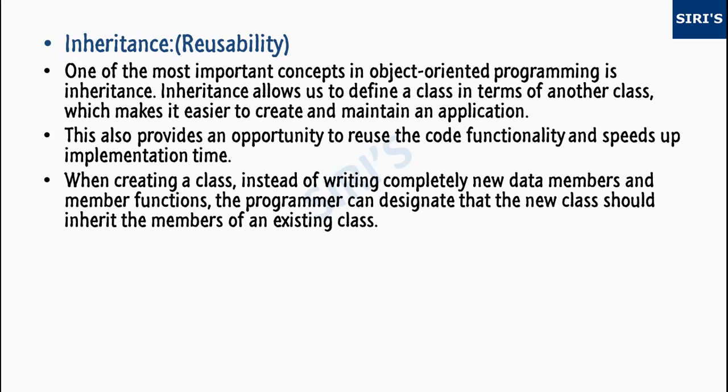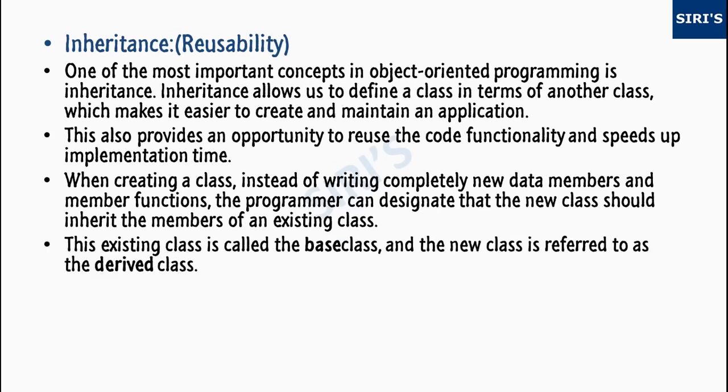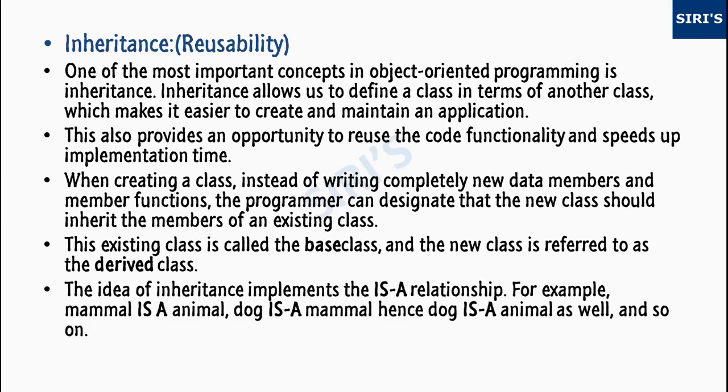When creating a class, instead of writing completely new data members and member functions, programmers can designate that the new class should inherit the members of an existing class. This existing class is called the base class and the new class is referred to as the derived class.